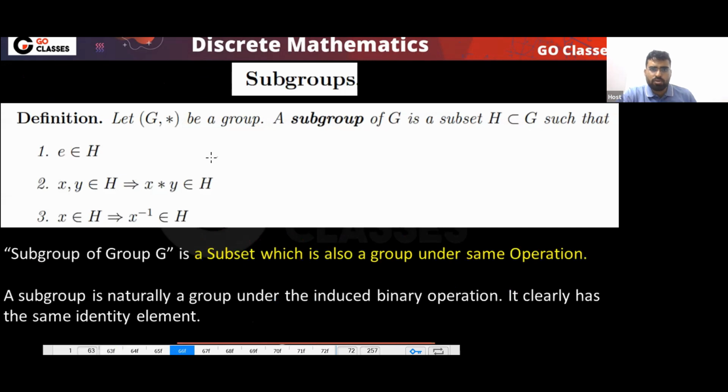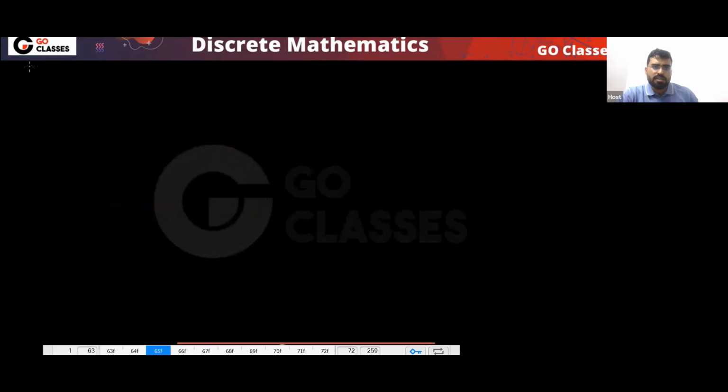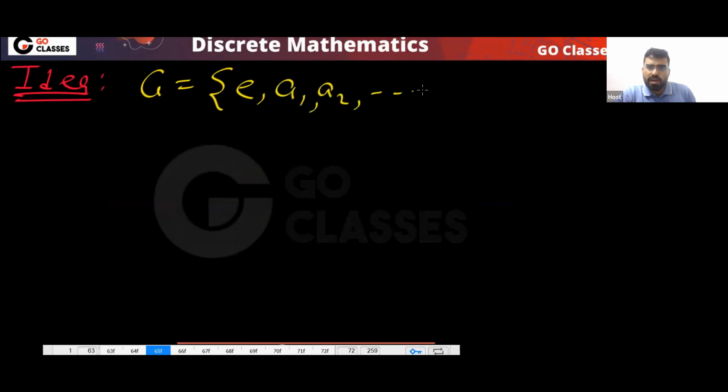Okay, anyway, let's come back to this definition. What is a subgroup? If you have a group G comma star, then a subgroup is a subset such that you take the identity element. This is the idea. Let's assume you have a group, and because it is a group, you have the identity element, A1, A2, and so on, and this is your operation.